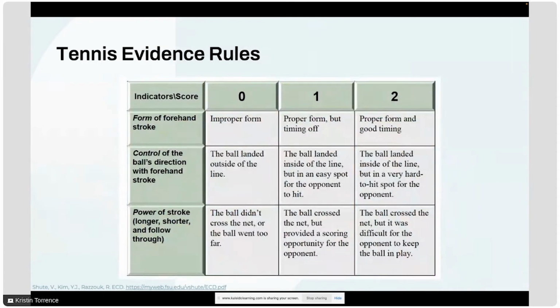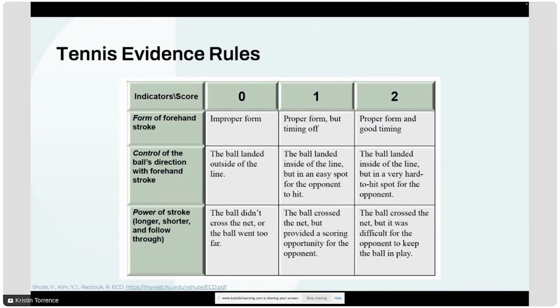So here's an example of a rubric that in that study they used to score the tennis observation. Their criteria included form, control, and power, rated on a scale of 0 to 2. You can create similar rubrics, and you'll see an example of one that we created for the HVAC training when you're evaluating evidence in virtual reality.